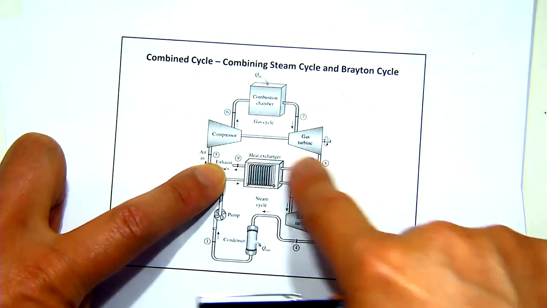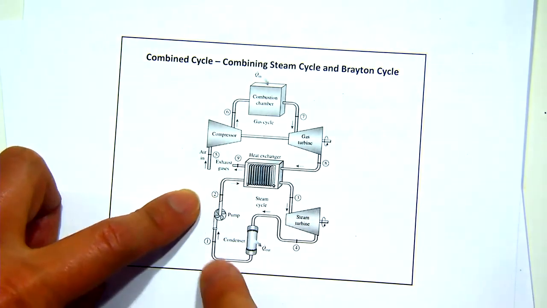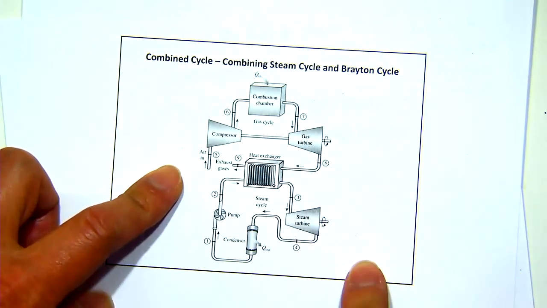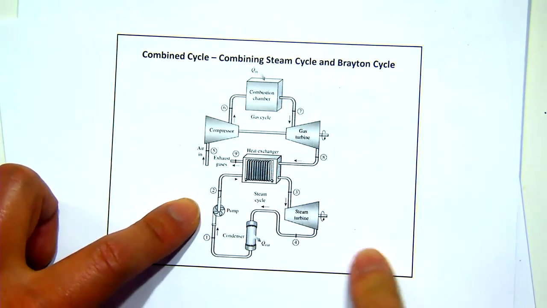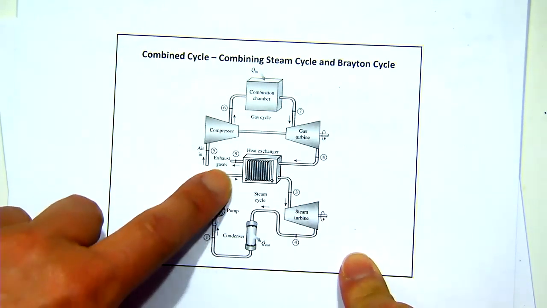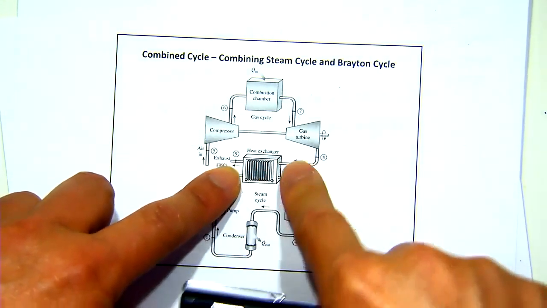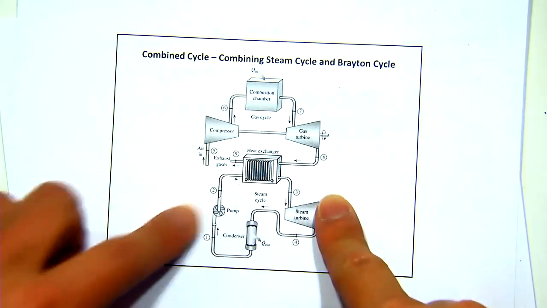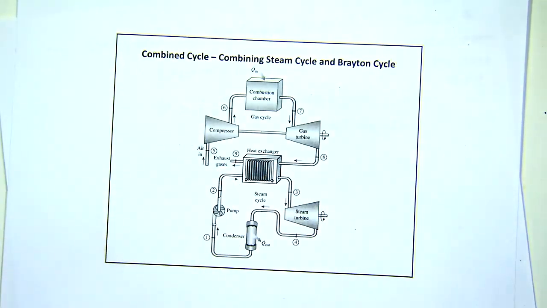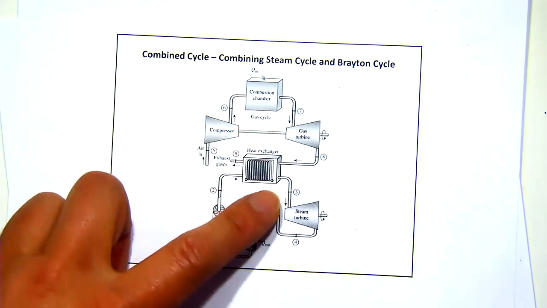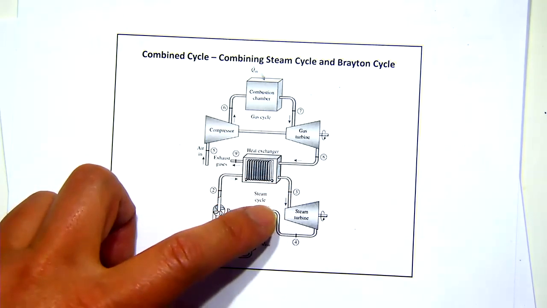But in this case, you're using that enthalpy to generate steam. The lower loop is the steam cycle, where the pump pumps water into this heat exchanger, and that heat is used to generate steam, which then goes through the turbine and the condenser. In general, you need a large gas turbine in order to drive a relatively small steam turbine.